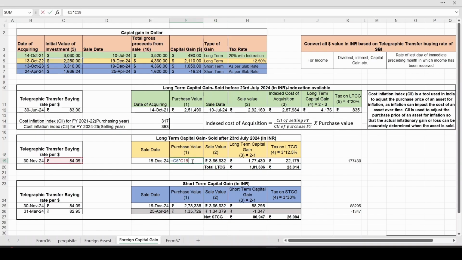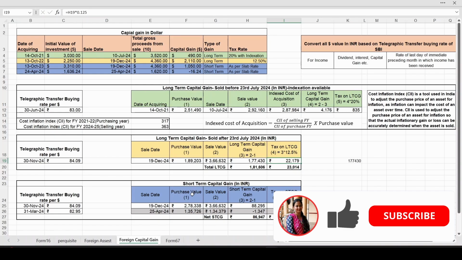So our purchase value in INR would be purchase value in dollar multiplied by the conversion rate of 30th November. Sale value in INR would be sale value in dollar multiplied by the conversion rate of 30th November. So our capital gain would be this, sale value minus purchase value, and this is matching with this value, and it would be taxed at the rate of 12.5% because shares were sold after 23rd July 2024.